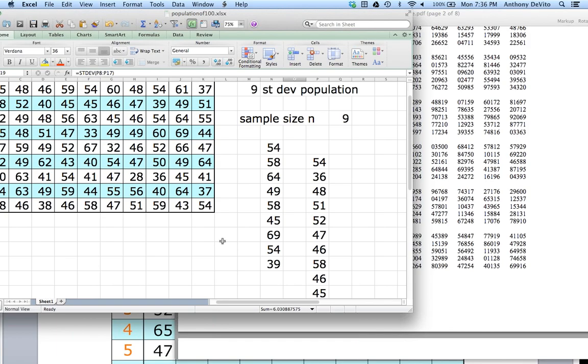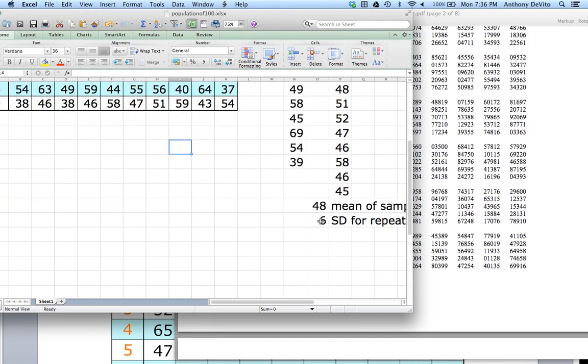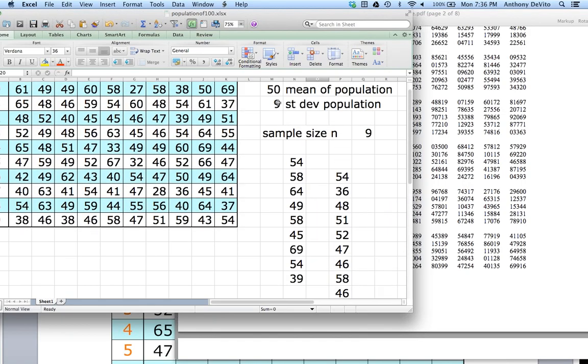Now, remember the rule I gave you before? The standard error, I'm going to change that to an E, for repeated samples of size 9 is going to be smaller than the standard deviation for the population, because the numbers are going to be closer together than the people in the population, because we're averaging them.